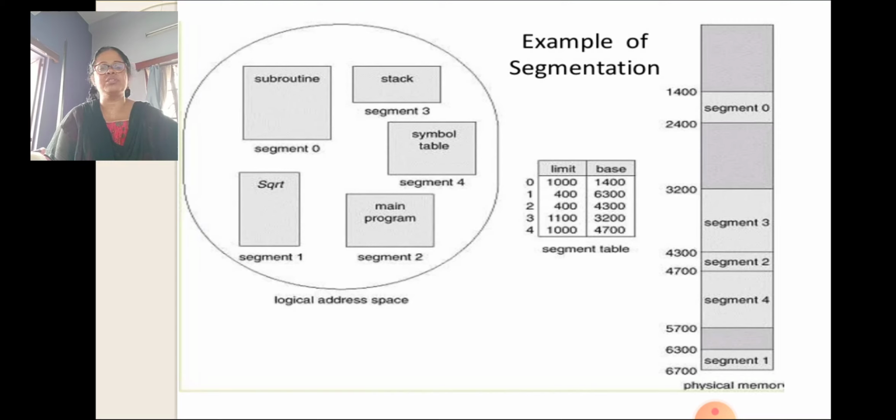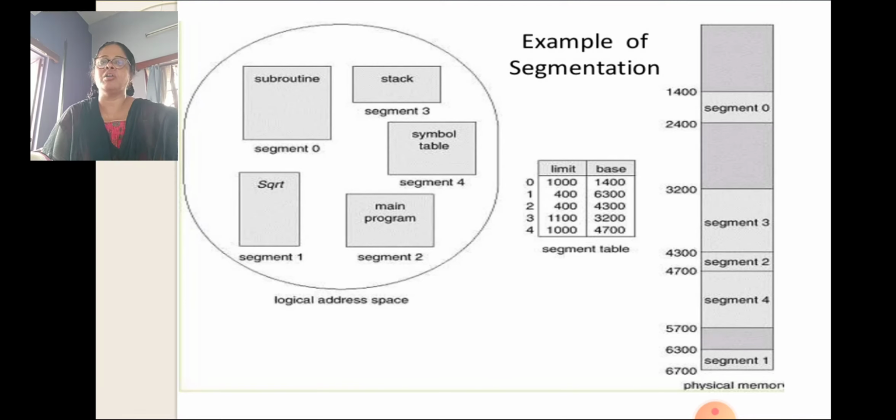A reference to segment 3, byte 852 is mapped to 3200, the base of segment 3, added to 852, which gives 4052. A reference to byte 1222 of segment 0 would result in a trap to the operating system, as this segment is only 1000 bytes long.